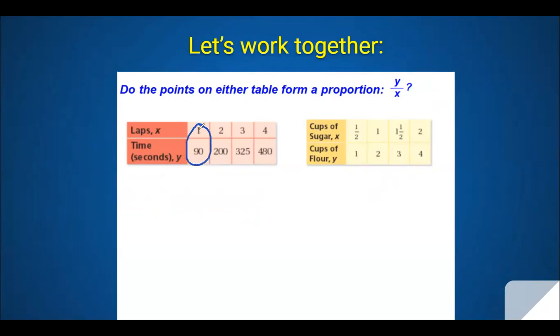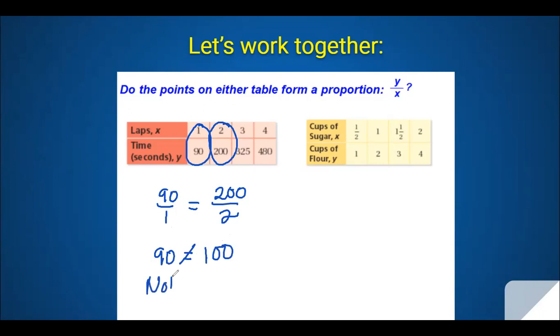So let's pick some x and y values. Let's do 90 over 1 and pick another pair, doesn't matter. Pick the very next one and see if that is equal to 200 over 2. Now remember, you can simplify or cross multiply to do this. I'm going to choose simplify here because 90 over 1 is just 90. And 200 over 2 is 100. So I know those are not equal, so they are not proportional.